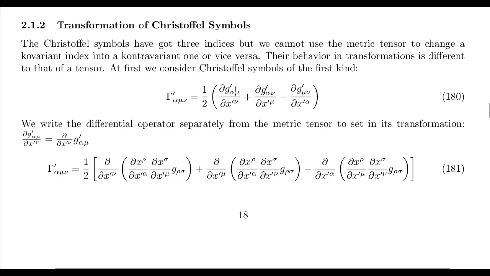G is a tensor, here is G prime, and so we write G of the unprimed coordinate system with a transformation here. The 2 indices means we get 2 differential quotients, and we make this for the 3 addends here, so we get 181.